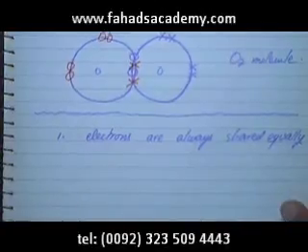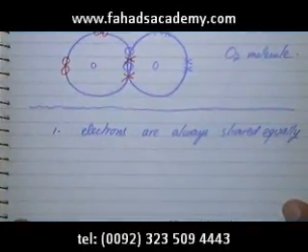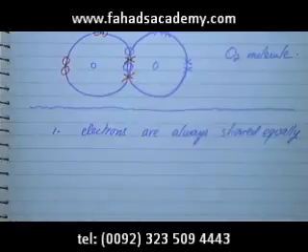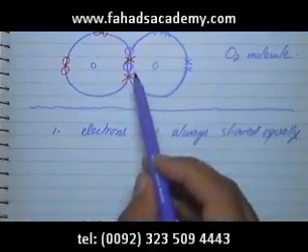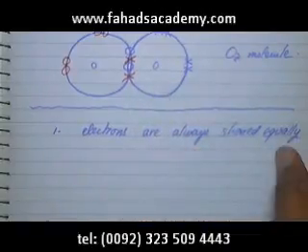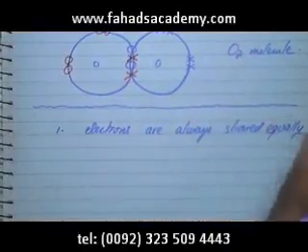What that means is that if one atom is sharing one electron, then the other atom would also share one electron with it. If one atom is sharing three electrons, then the other atom would also share three electrons with it. For example, in the oxygen molecule, one atom is sharing two electrons and the other atom is also sharing two electrons.